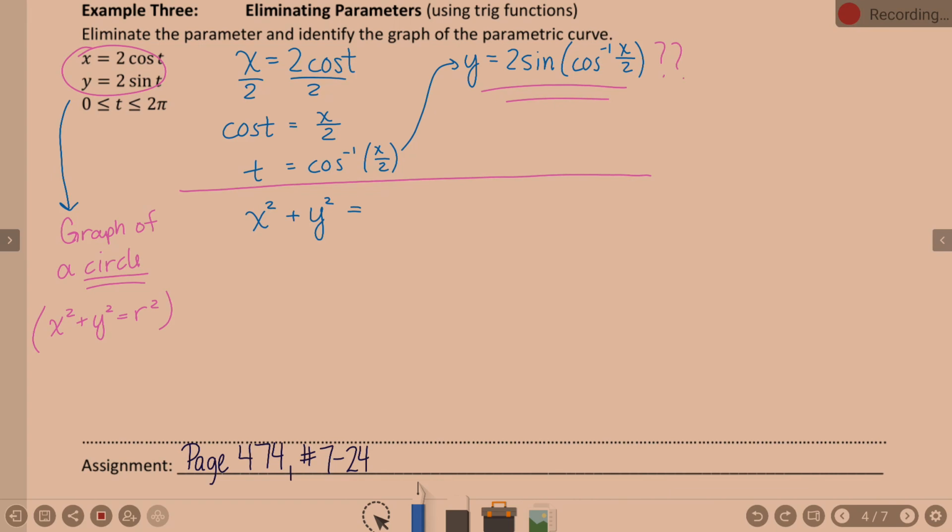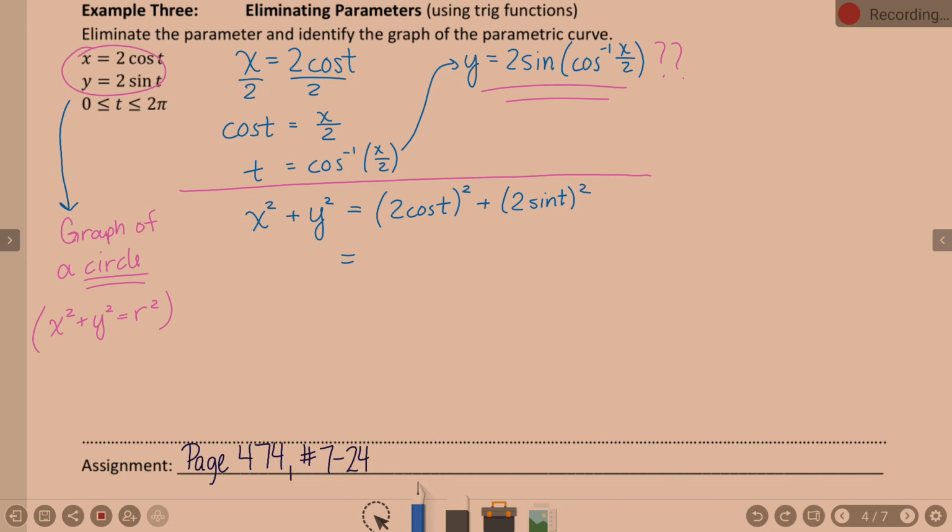What can I fill in for x? 2 cosine. So instead of saying x squared, I can say 2 cosine t quantity squared. Plus, what can I fill in for y? 2 sine t quantity squared. Now, let's do some cleanup.